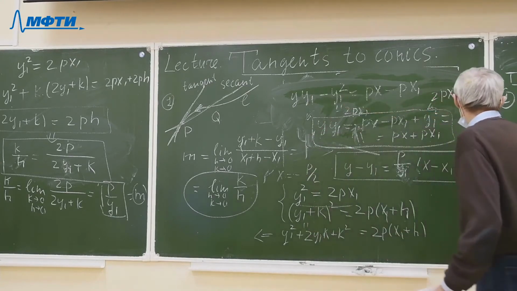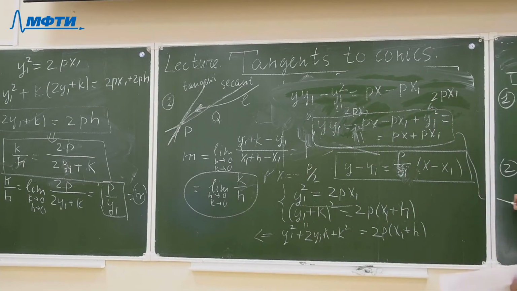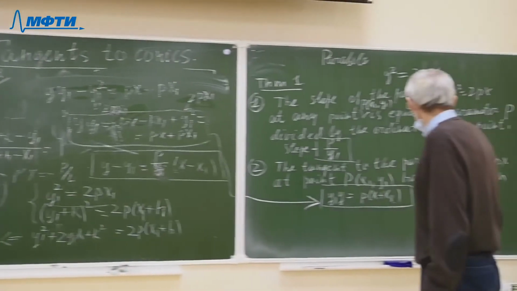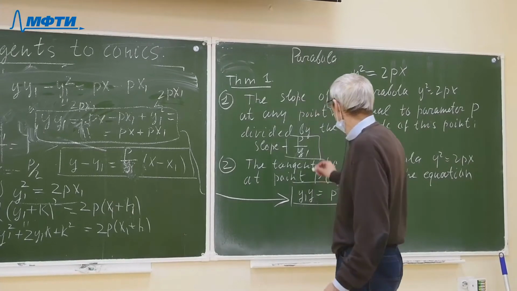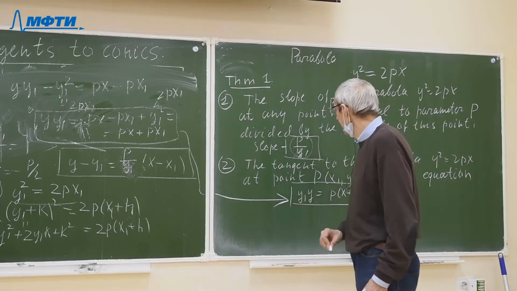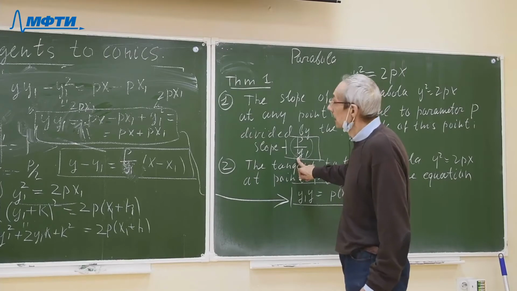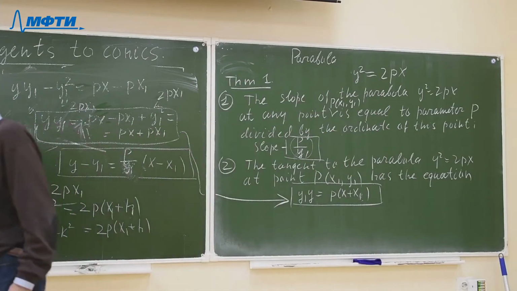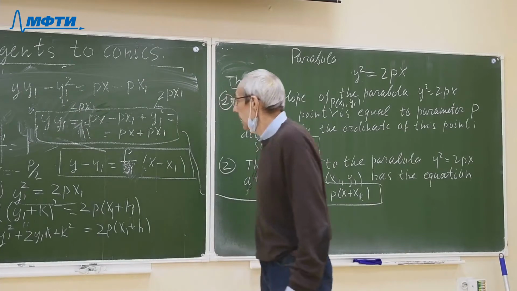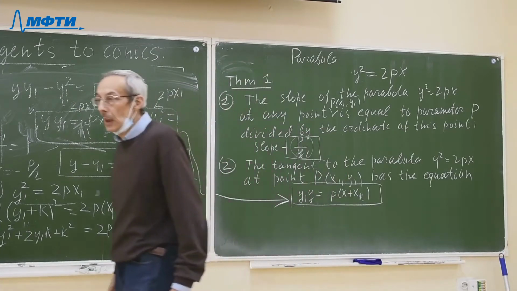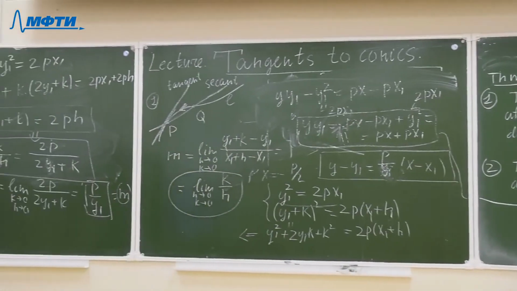We obtain the final form of our equation: y1 y is equal to p times the sum x plus x1. And the first item of our theorem is proved, and the second item is also proved. Any question?